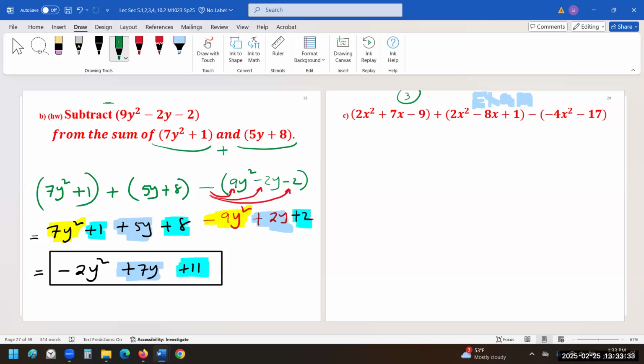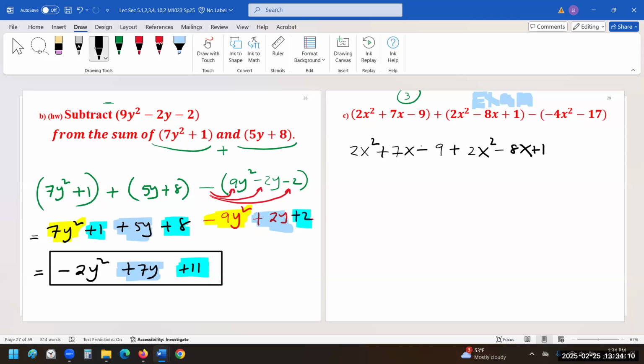This should be much easier because you already know how to do that. So when you add, nothing changes.